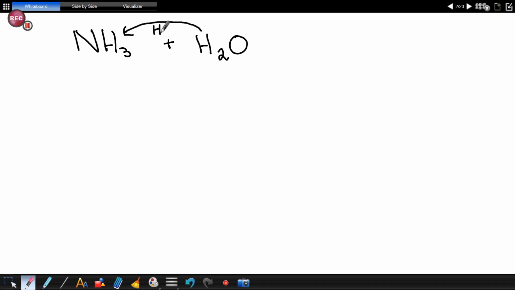So the proton will go from the water to the ammonia. It's just how it is, there's no why. I can't say the bond between the hydrogen and the oxygen is weaker.